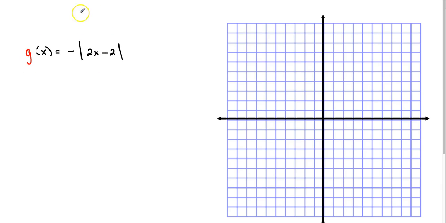I'm going to bring back my original function, which is f of x equal to the parent function, the absolute value of x. And I'm just going to write that equation that we had: a times the absolute value of b times the quantity of x minus h, parentheses, plus k.